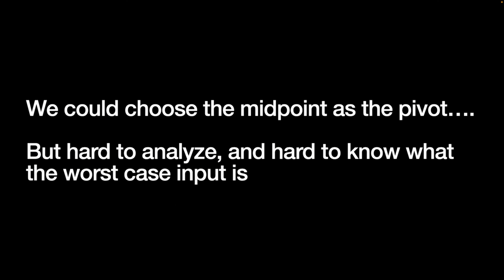Given that sorted arrays are really common in the wild and for many types of data that you might actually be running your sorting algorithm on, we should probably find a better way of selecting our pivot than just choosing the first element. We could choose the midpoint as the pivot, but this also turns out to be relatively hard to analyze and doesn't necessarily give us what we're looking for in terms of operating well in all our different conditions.